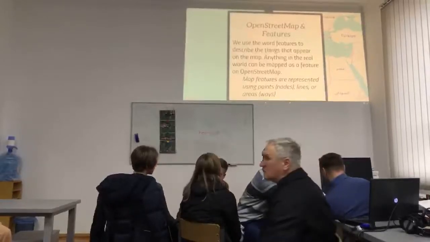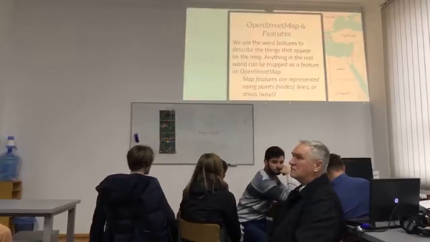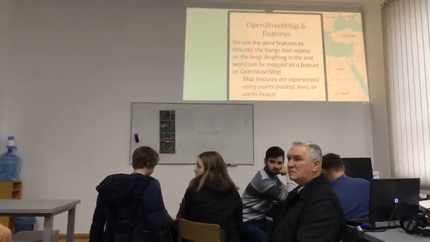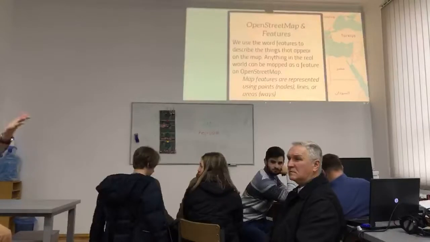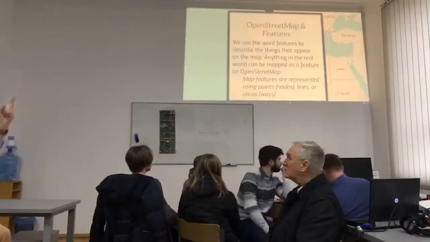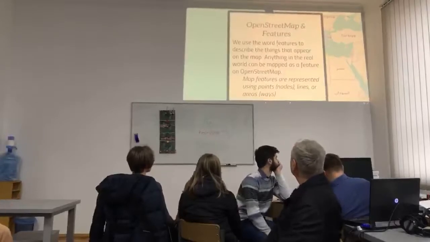Right, exactly. It's the shape of something. And typically there's 3 different shapes that are used for vector data. Who knows what they are? Polygons, yes, areas. So points, lines, and areas. And those are the same things that OpenStreetMap captures.